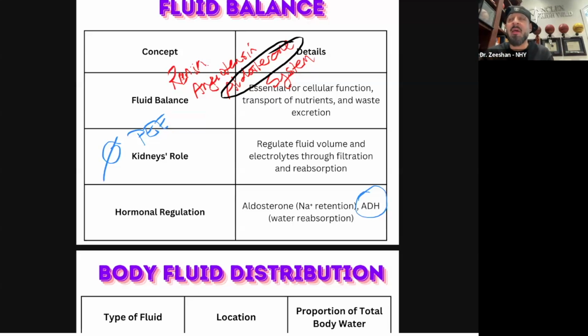This is anti-diuretic, so I'm not going to pee, which means I'm going to retain water if I have too much of it, which is SIADH, where we have inappropriate amounts of anti-diuretic hormone. So I'm not going to pee.